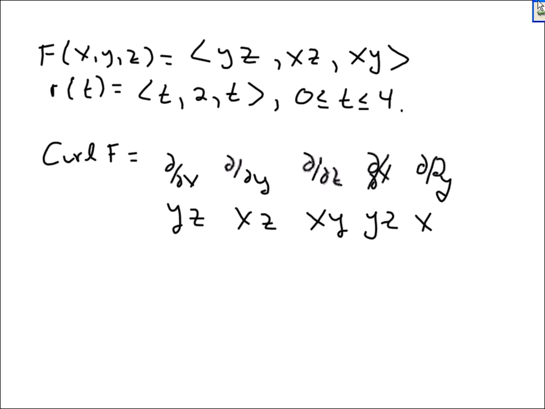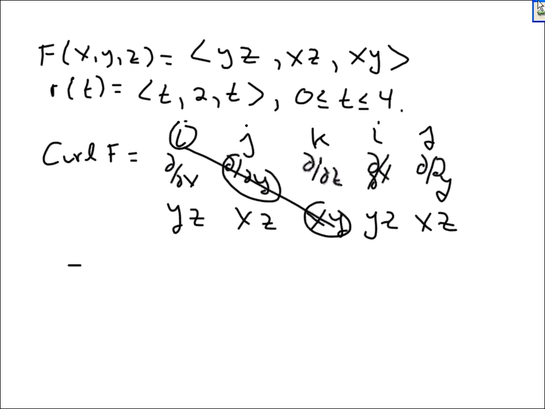Repeat the first two columns: i, j, k, i, j. Well, this product, the partial of this with respect to y is x times i, it's xi. This product, with respect to z, the partial is y times j.